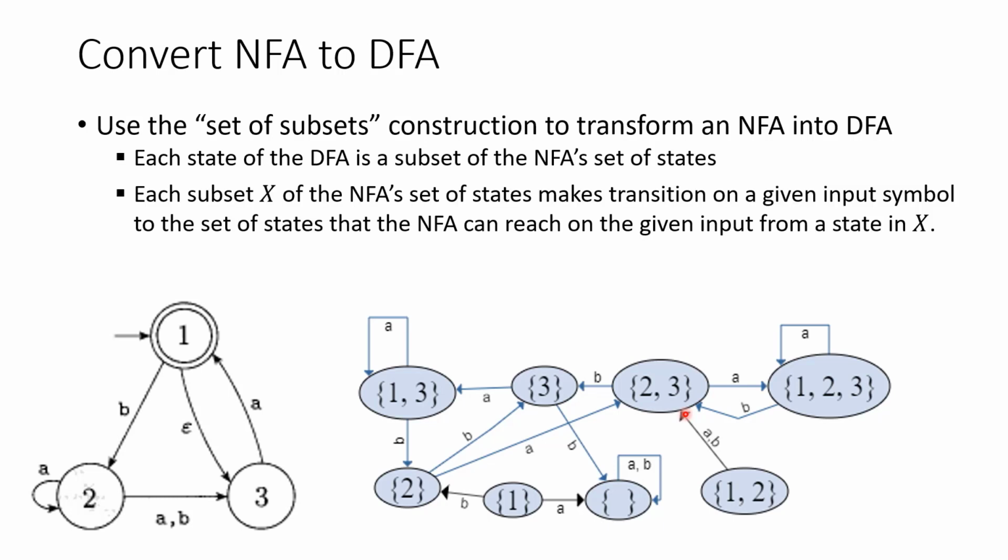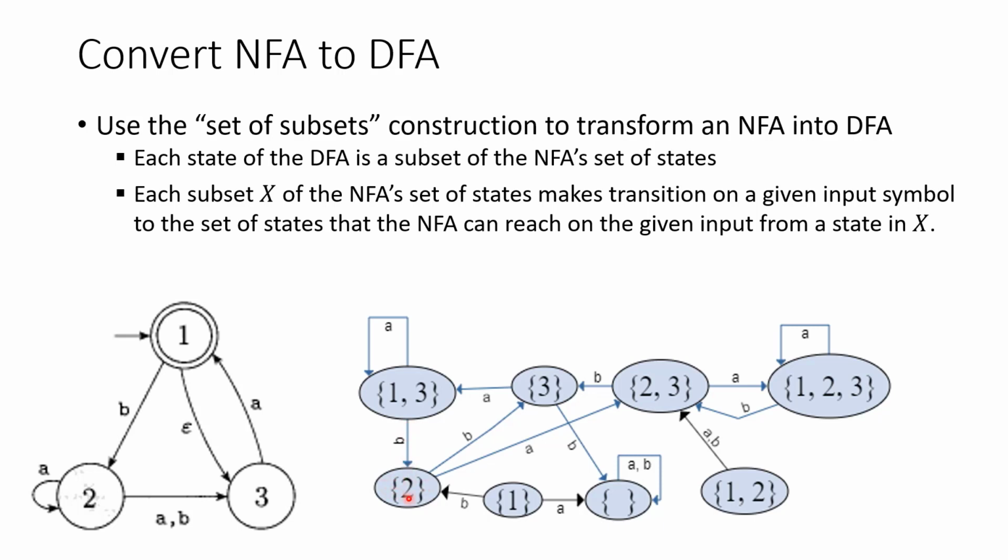For each subset X of the NFA's set of states, which is a state in the DFA, the subset makes a transition on a given input symbol, such as A or B in this case, to the set of states that the NFA can reach on the given input symbol from a state in X. So, for example, if X is the subset consisting of the 2 states 1 and 3 of the NFA, and we consider the input symbol B, we need to identify which state of the DFA this transition will lead to.